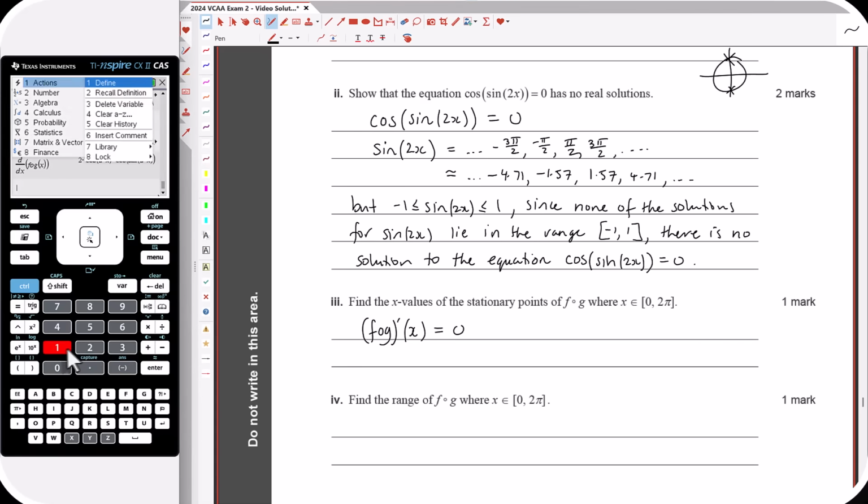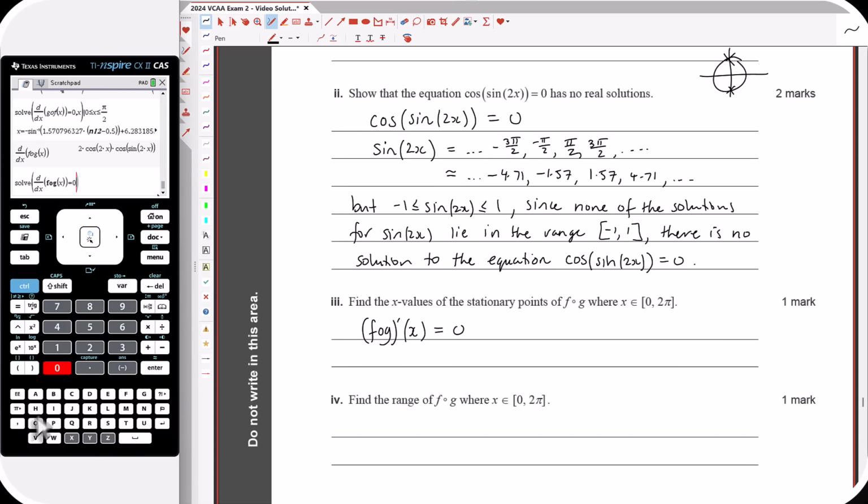So menu 1, menu 3, if I solve my derivative equal to 0 for x over, obviously it's a trig function, so we need domain, over the domain from 0 to 2 pi. We need domain if we want specific solutions. Okay, so it still gives me that as a general solution.